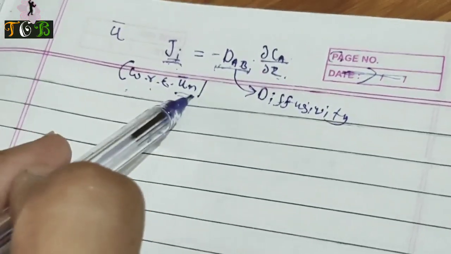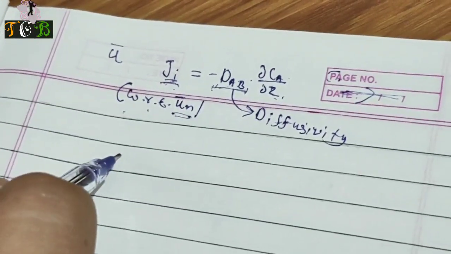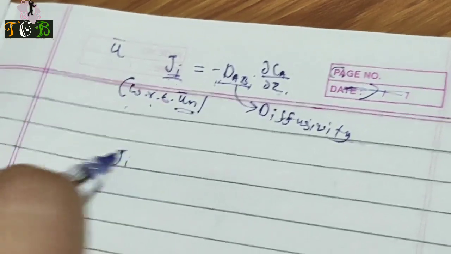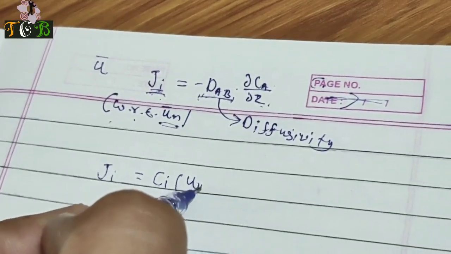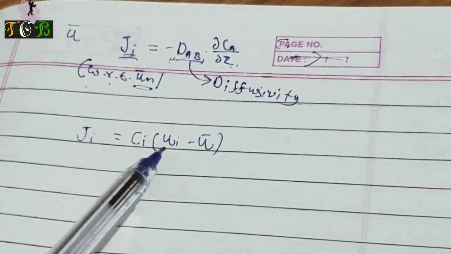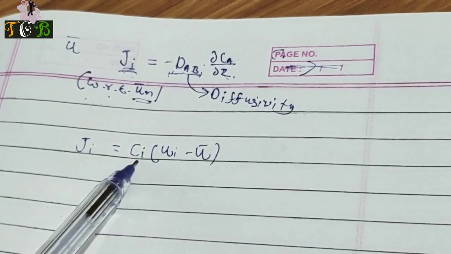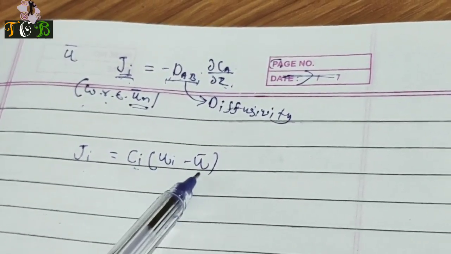What is the flux with respect to molar average velocity? We can write it as: Ji is nothing but Ci into (ui minus u bar). That's what it's saying, the flux of component i with respect to molar average velocity.